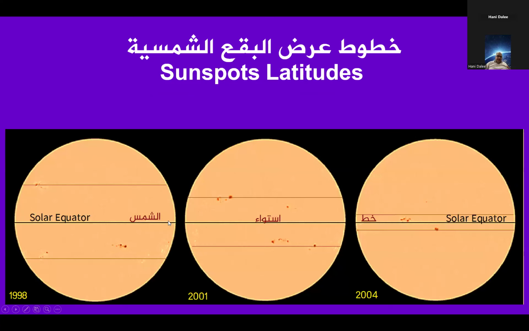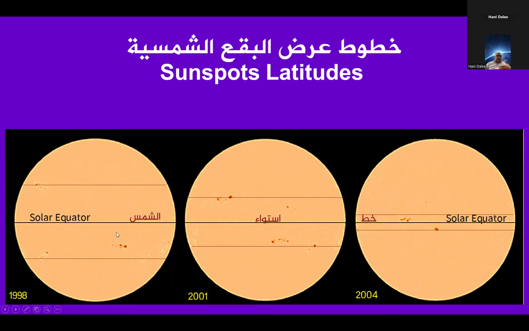Okay, in the beginning of the solar cycle, we said that the very first appearance of sunspots occurred in 2020. So the first sunspot appeared in that period. Usually they appear in high latitudes away from the equator.